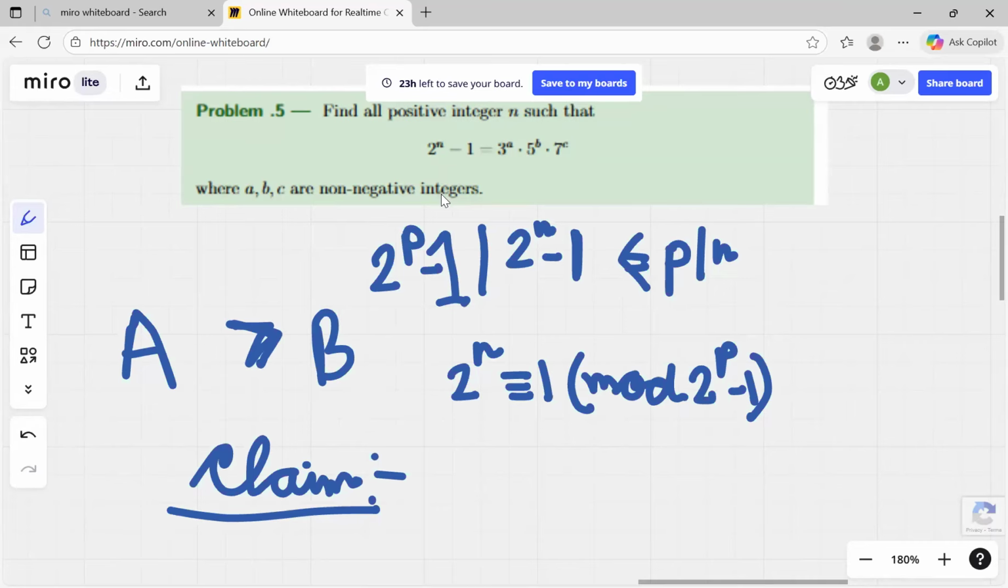Take the largest prime divisor of m plus 1. By the induction hypothesis, if q is the largest prime divisor of m plus 1, then 2 to the power q minus 1 has a prime divisor which is greater than q, and this thing also divides 2 to the power m plus 1 minus 1.